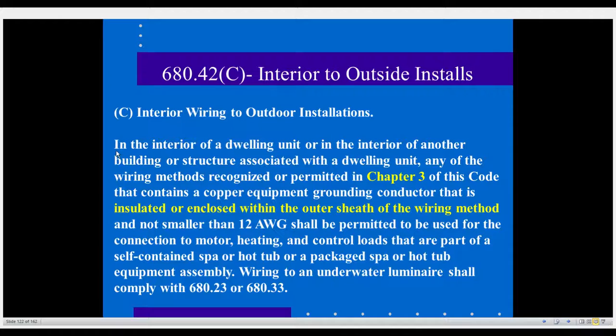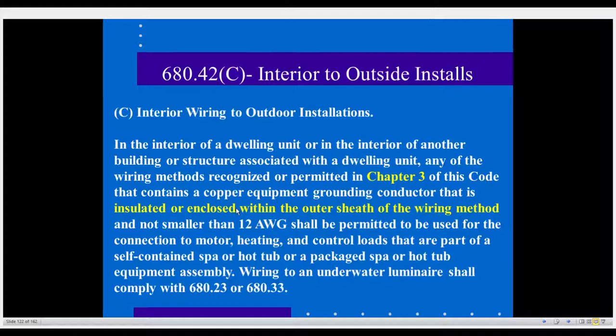Well, it says, look, in the interior of a dwelling unit or in the interior of another building or structure that is associated with that dwelling unit, any of the wiring methods that are recognized or permitted in Chapter 3 of this code that contain a copper equipment grounding conductor that is insulated or enclosed within an outer sheathing of a wiring method and not smaller than a 12 shall be permitted for use for the connection of the motor, the heater, and the control loads that are part of the self-contained spa or hot tub or packaged spa or hot tub assembly.